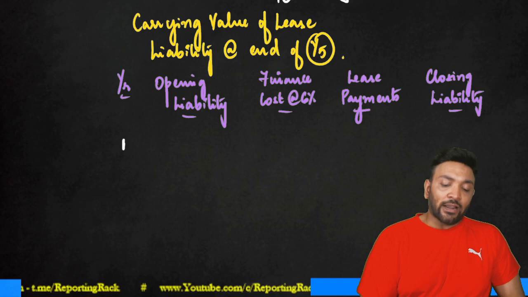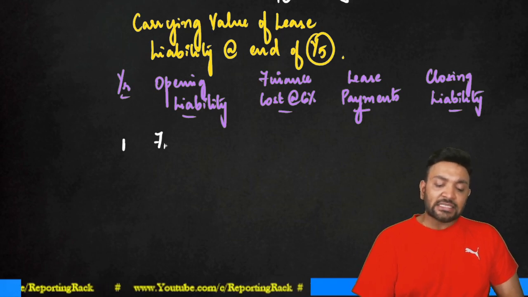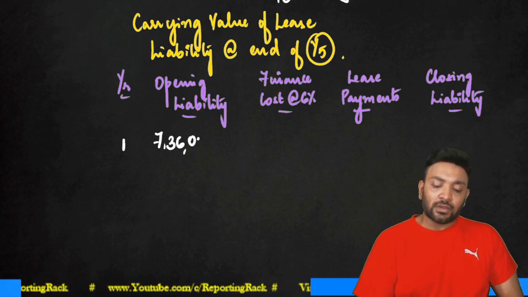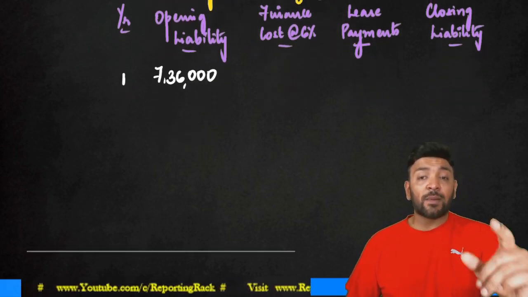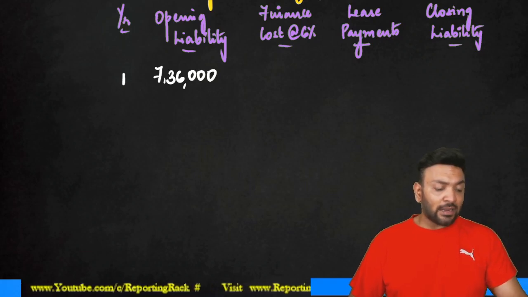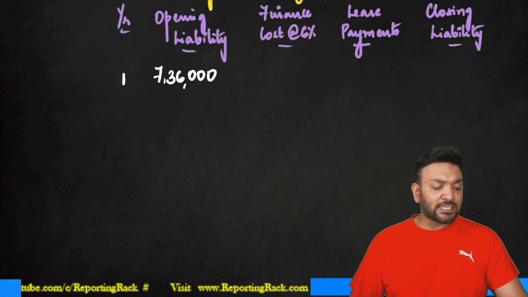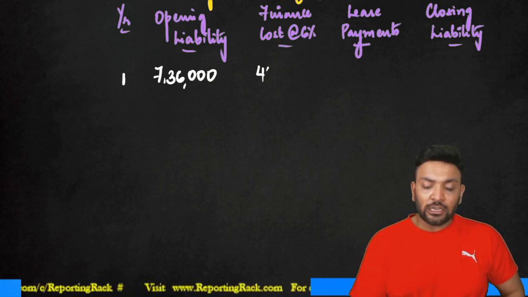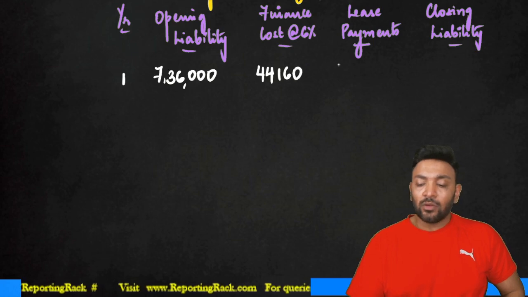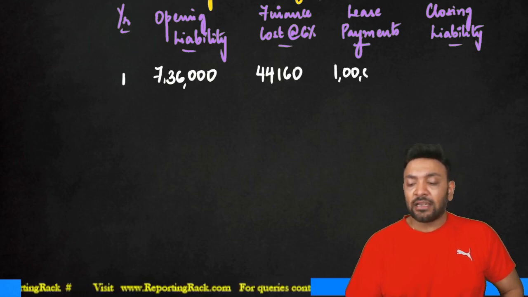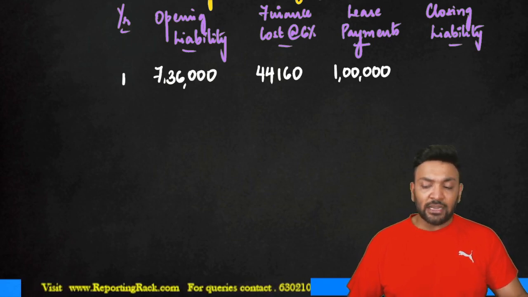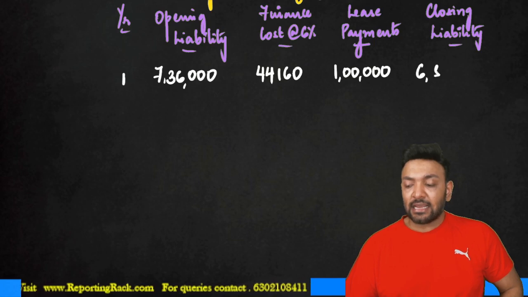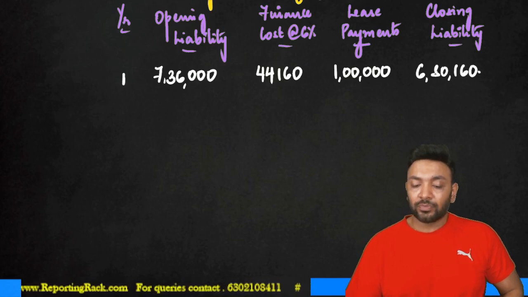Let's begin with year 1 now. What is the opening liability? 7,36,000. Correct? I have to keep charging an interest and a lease payment of 1 lakh every year. 7,36,000 into 6%, 44,160, minus 1 lakh of lease payment every year will determine my closing lease liability, which is 6,80,160.